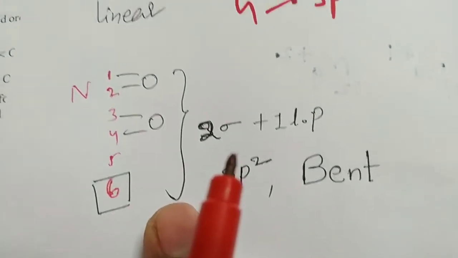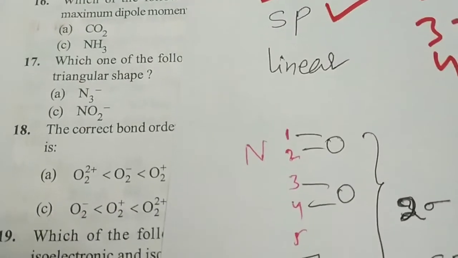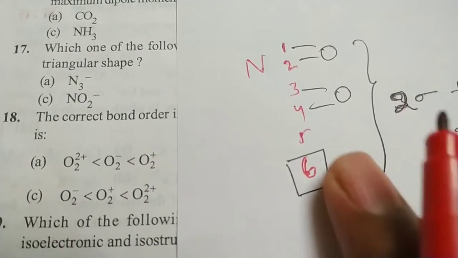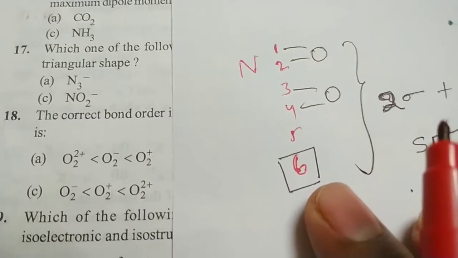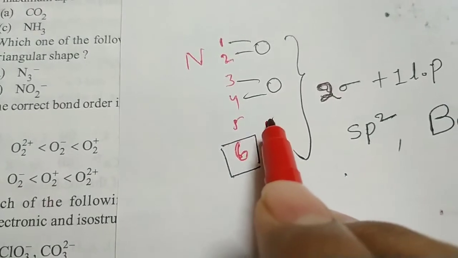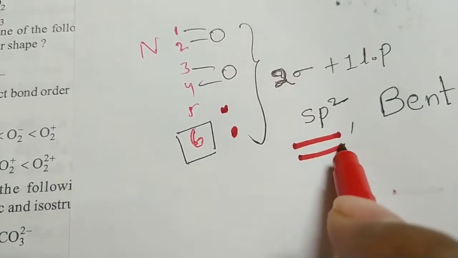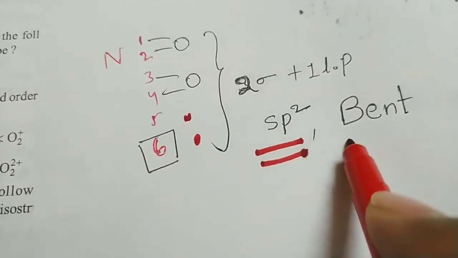NO2⁻, 17th question. Nitrogen has 5 electrons, 1 extra electron, total 6 electrons, with 2 oxygens, a double bond to O, and one lone pair. Hybridization is sp2, but due to the lone pair it is a bent structure.